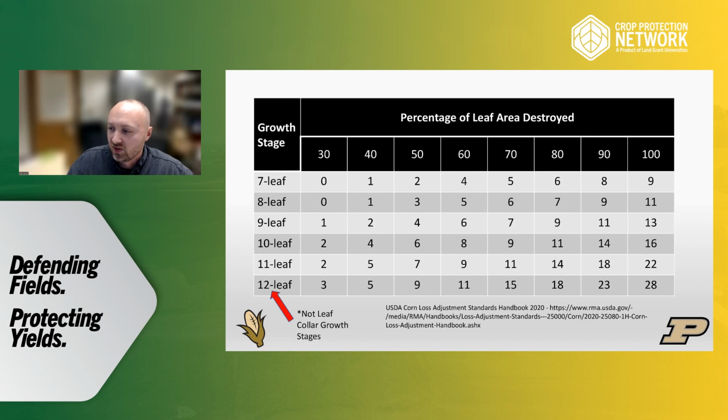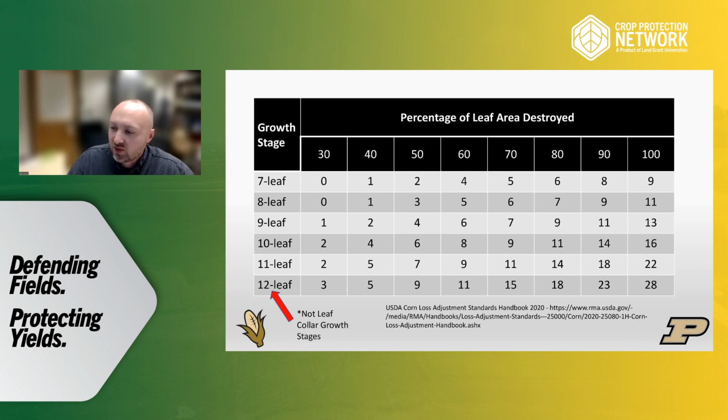So you look at the top of this table here, 7 leaf. You look at the 7 leaf growth stage. If we have 100% leaf defoliation or leaf loss, we're only losing 9% yield, right? So that's the point, that corn plant can really tolerate a high amount of leaf damage or leaf loss at those young vegetative stages. And another important point is to look on this right-hand side, 100% leaf loss, leaf area destroyed.